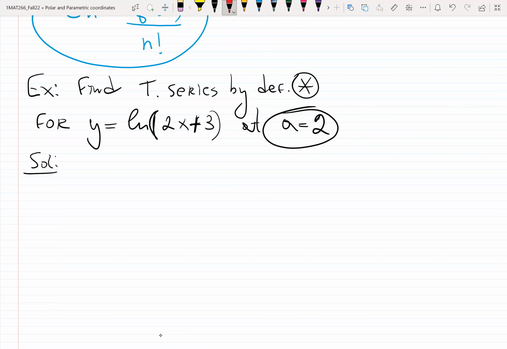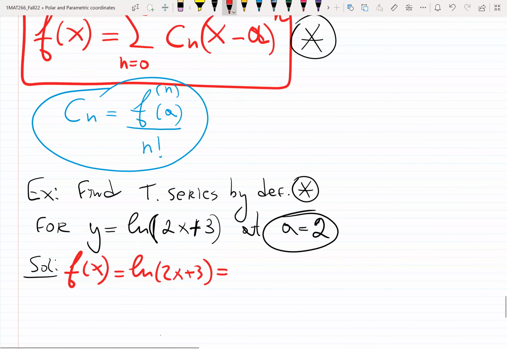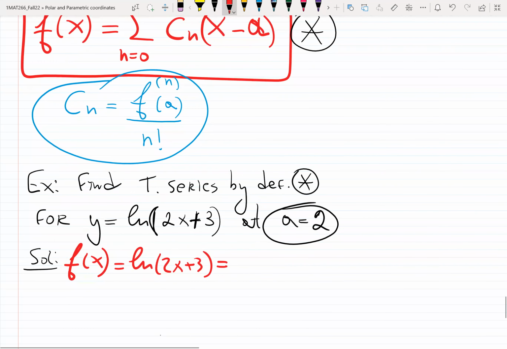So the formula says that f of x, which is a logarithmic function in this case, will be... it's actually nice to know how to write it down in general. The sum notation is nice, but if some of you don't understand how to use sum notation, then just don't. It's okay if you don't.